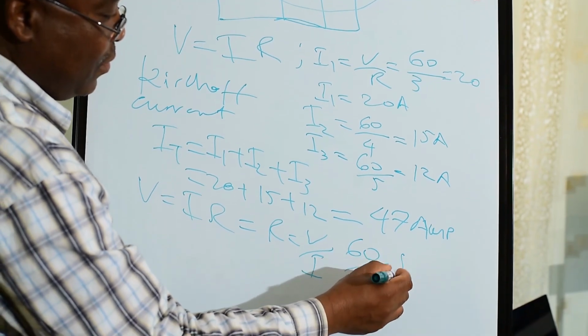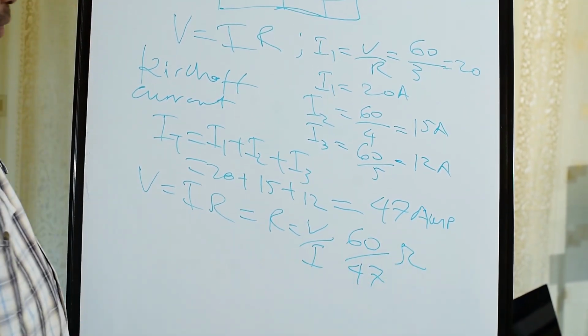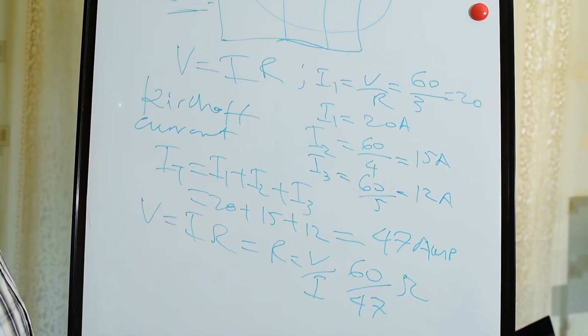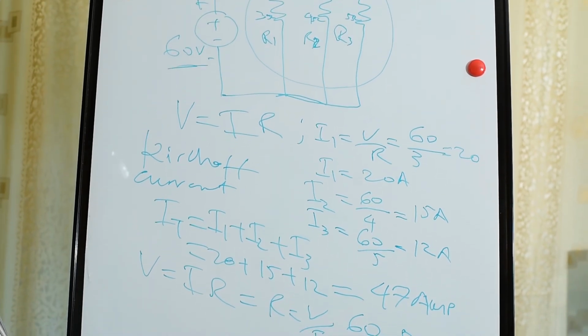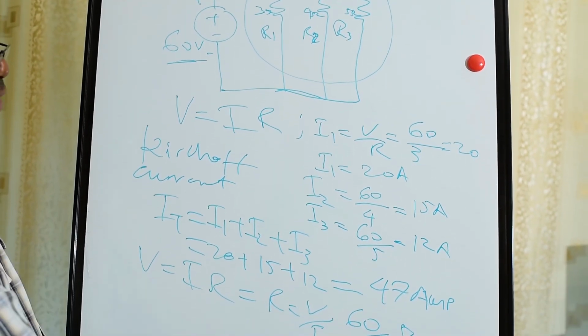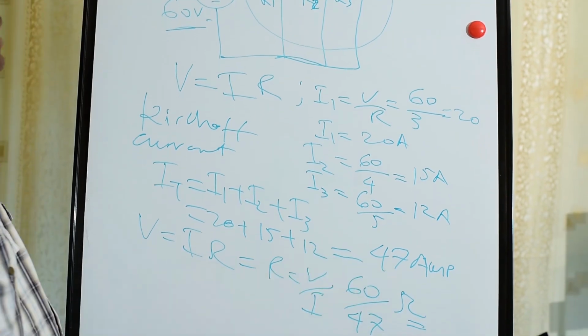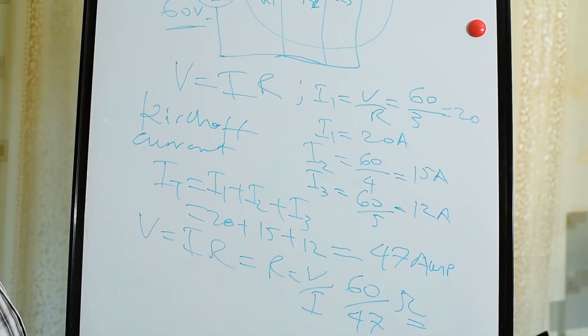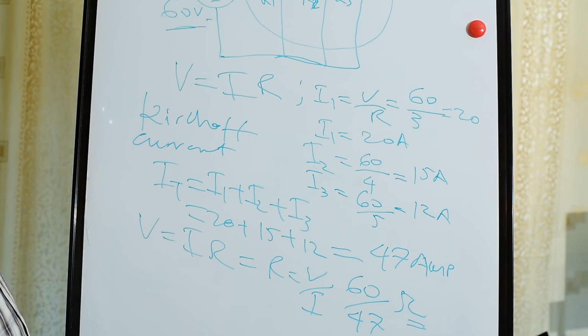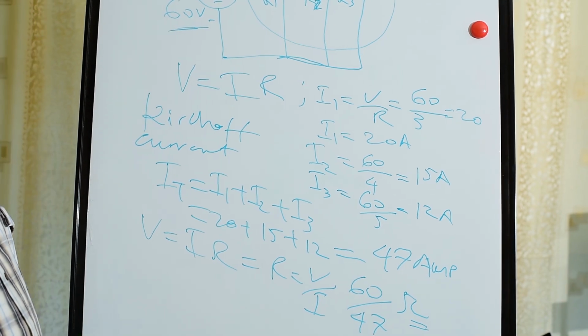This is ohms. This is our total resistance. And you've seen here that the resistance is small because in a parallel circuit it tends to divide the resistance. The resistance is being reduced in a parallel circuit.